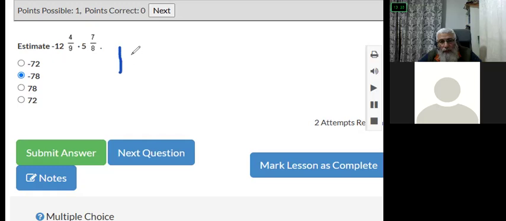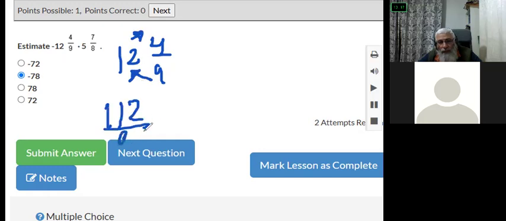12 and 4 over 9: we multiply 9 times 12, which is 108, plus 4 is 112. So 112 over 9 multiplied by 5 and 7 over 8, which is 47 over 8.